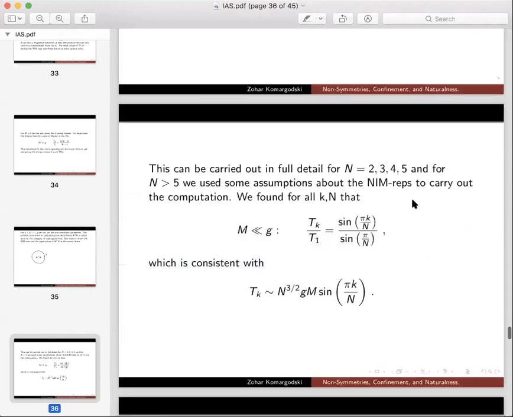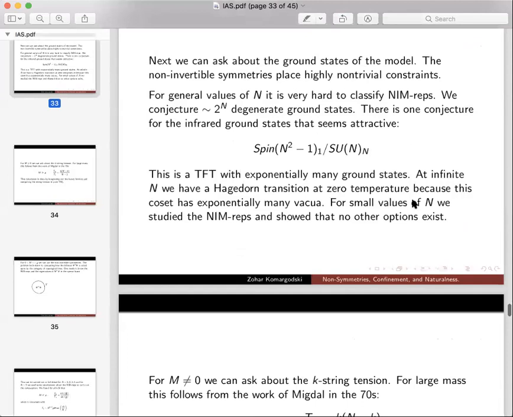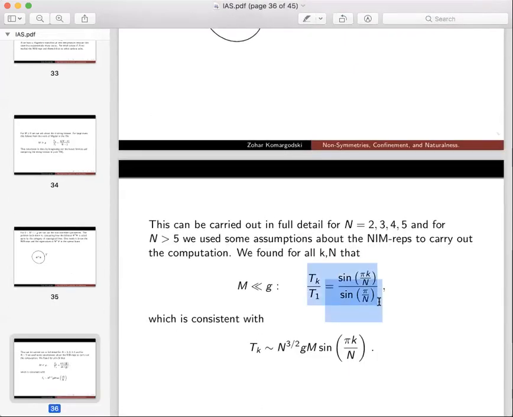So all the statements that I made about the existence of exponentially many vacua, the zero temperature Hagedorn transition at large N because of this exponential growth, the tensions of the strings, none of this can at present be checked with DLCQ. But they found a lot of evidence that the model is gapped, and that's basically the reason that I believe that it's gapped. I'm completely convinced that it's gapped.